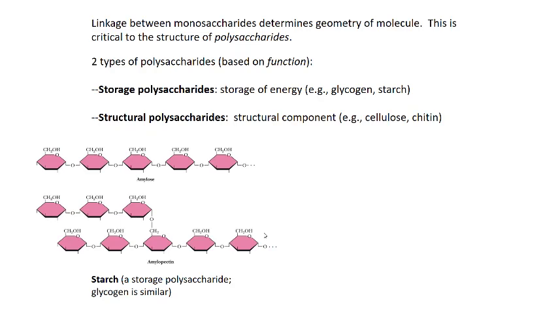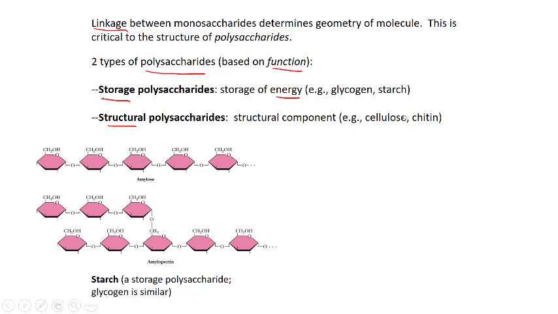Okay, so the structure of polysaccharides has to do a lot with the linkages between our different monosaccharides. So we can classify polysaccharides based on function, but we can also classify them by structure. So there's storage polysaccharides, which are used to store energy. So starch and glycogen, for example. And then there's structural polysaccharides, which are used for structure, self-explanatory.